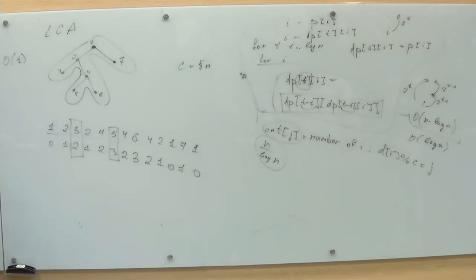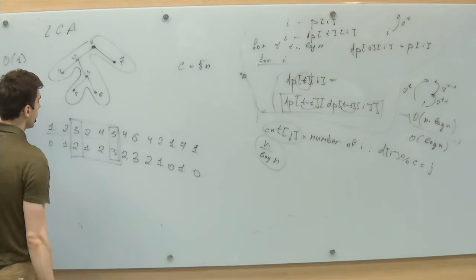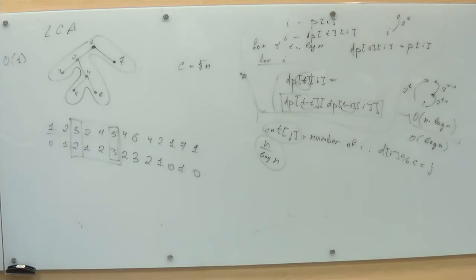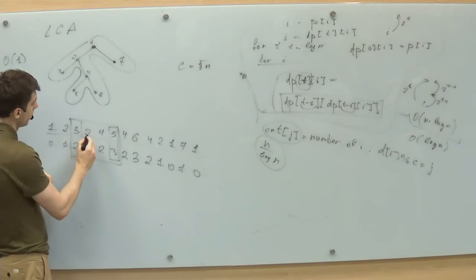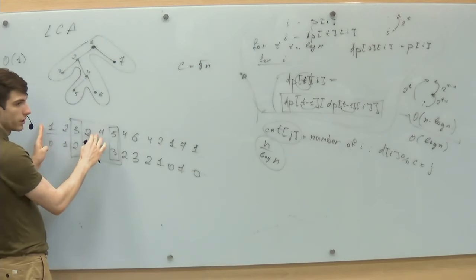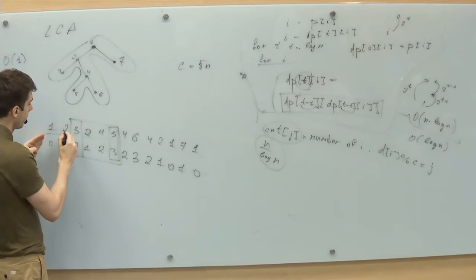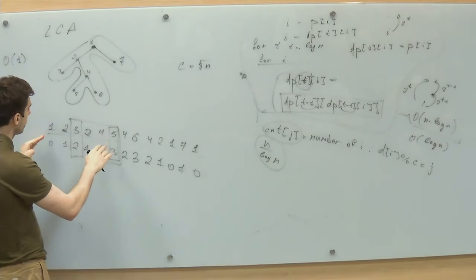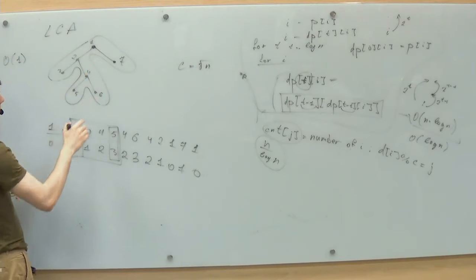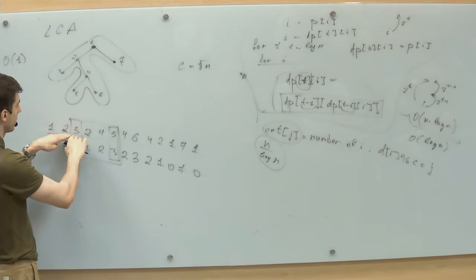If you look at the segment of our list between these two positions, we can notice that our lowest common ancestor will be exactly the vertex with the lowest input time. So these are not just the numbers of the vertices, but their input times. We have renumbered all the vertices according to the order of our DFS algorithm. So they're not just their numbers, but their input times.